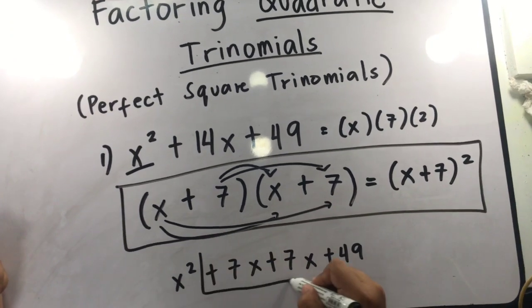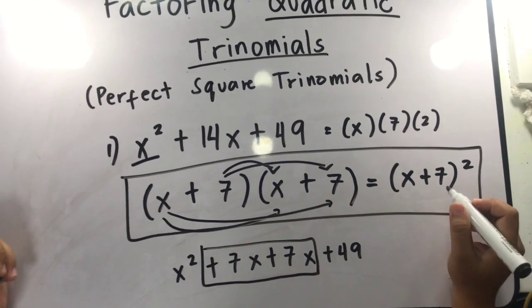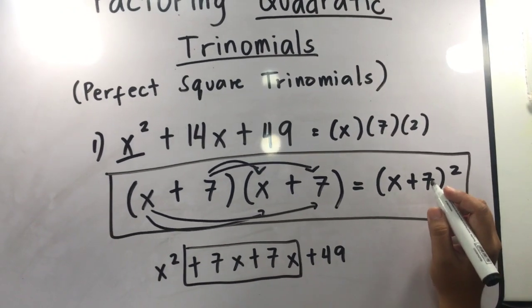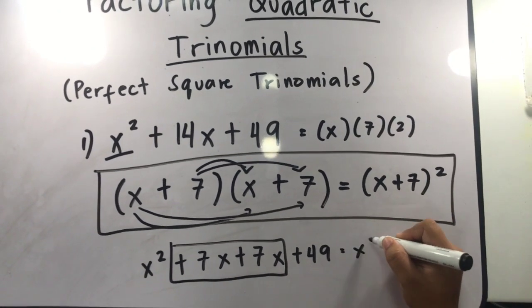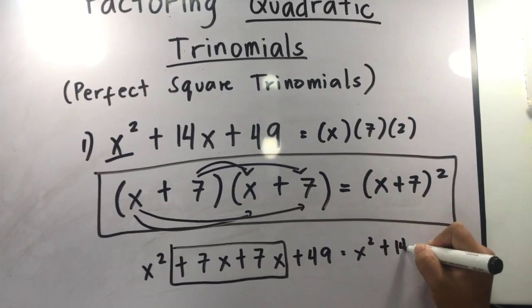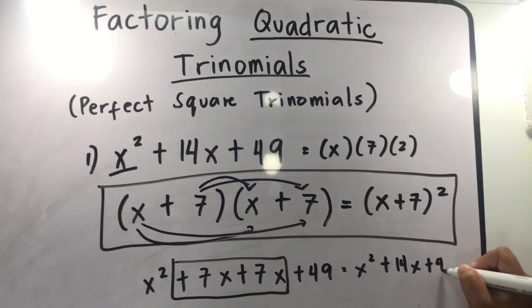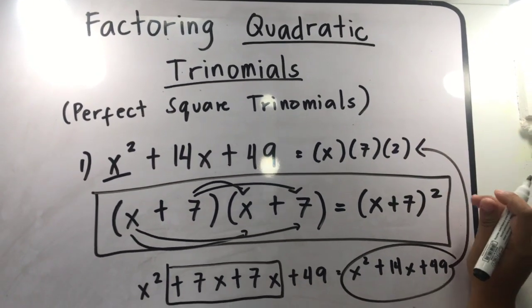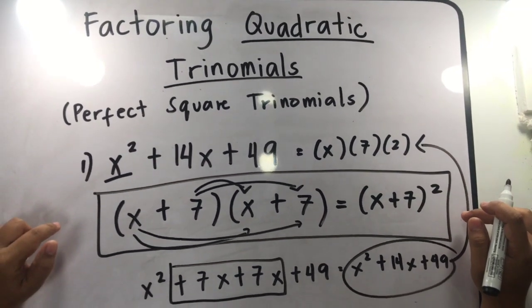Then combine like terms: 7x plus 7x is equal to 14x. So, we have x squared plus 14x plus 49. Since we arrive at the given, it means that these are the right factors.